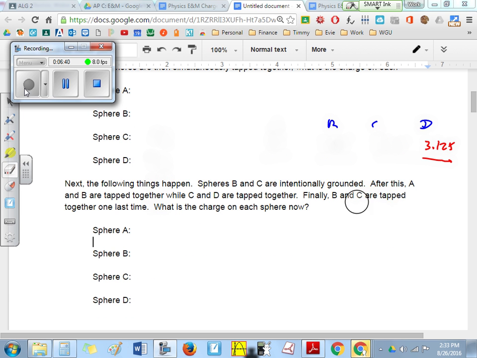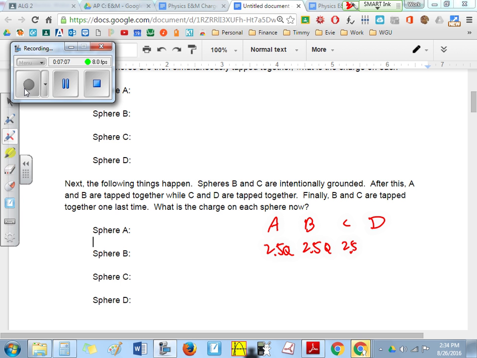Let's go to the next one. Now it says 2 more things happen. Spheres B and C are intentionally grounded. This is different now, we're bringing in a ground. So all the spheres were 2.5Q, but spheres B and C now have charge 0. When you ground something, it loses its net charge. So we had spheres A, B, C, D, and they all had 2.5Q.